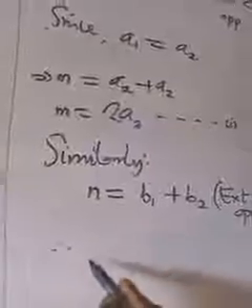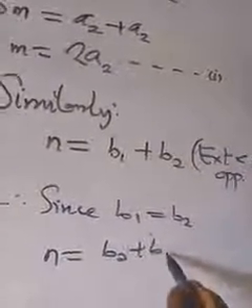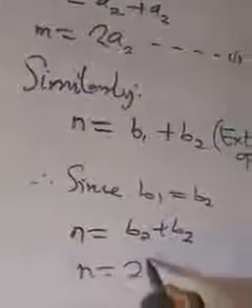Therefore, since B1 is equal to B2, which are the base angles of this isosceles triangle, we now have N is equal to B2 plus B2. So N equals 2B2. This is equation 2. Now we can proceed from here.